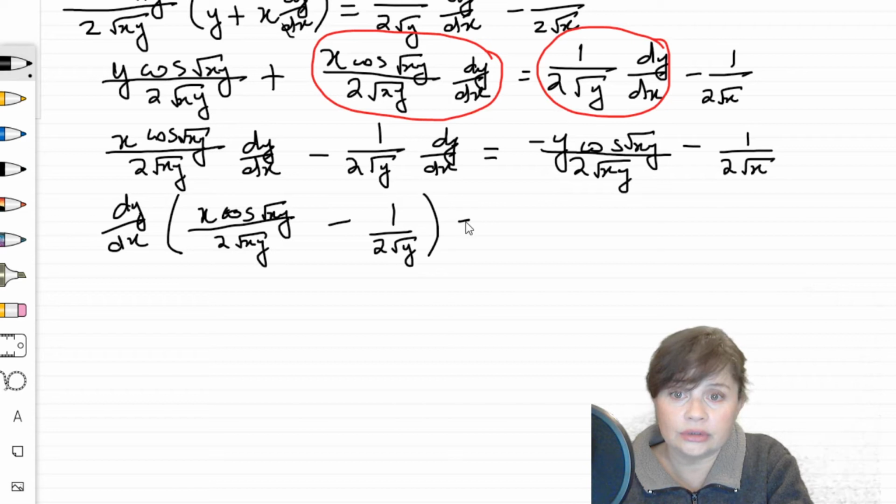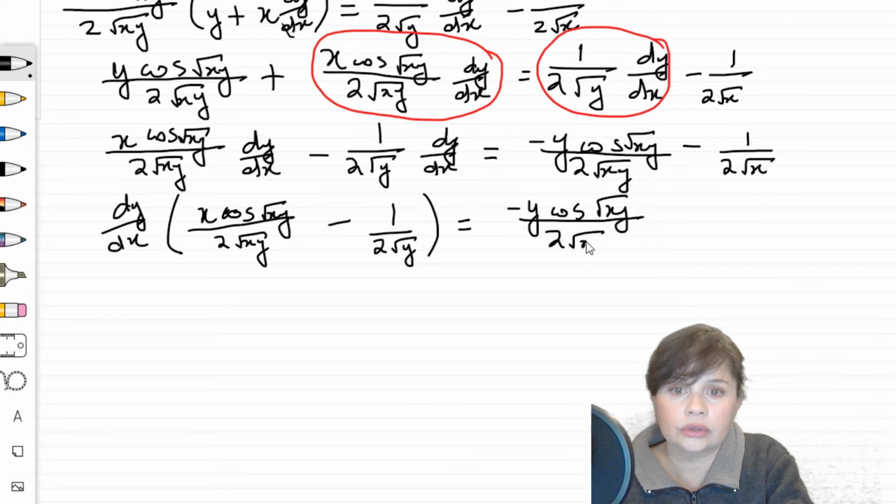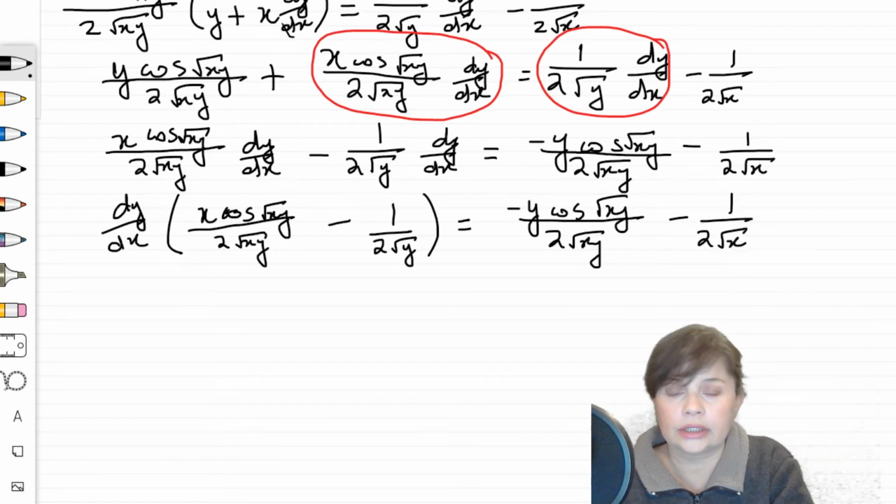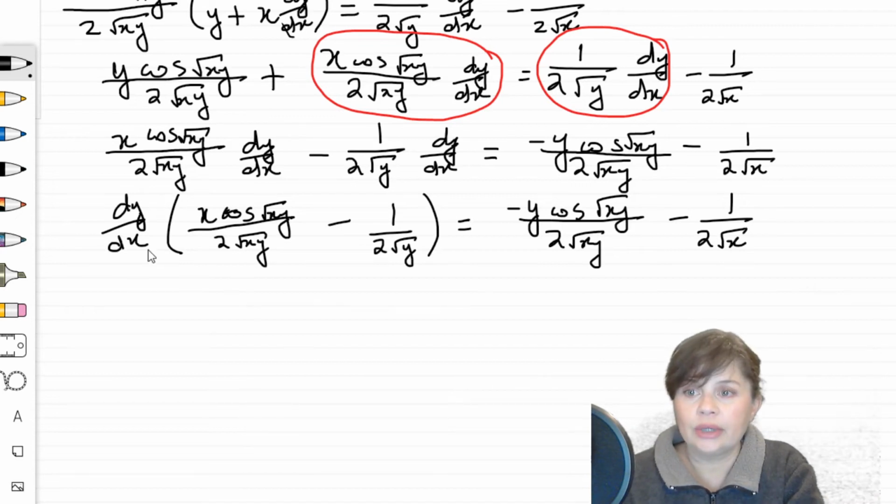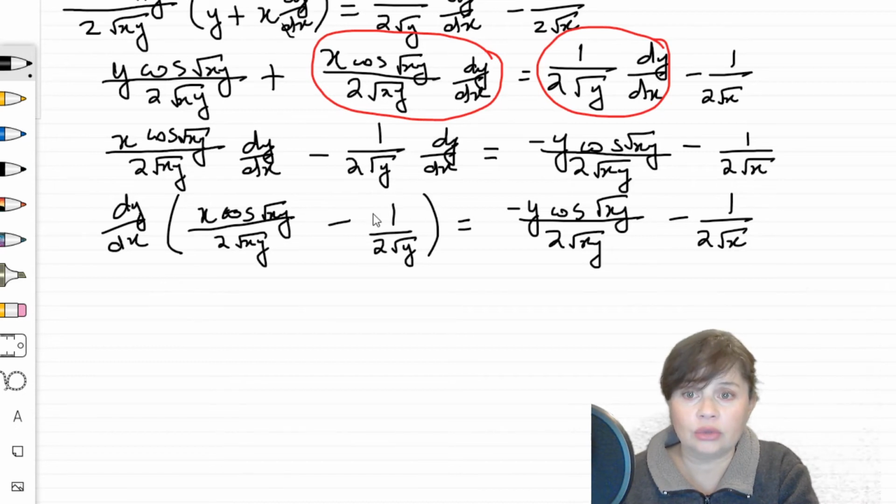So what you're going to do is minus y cos xy over 2 square root xy over 2 root x. Okay, so you want to have the dy dx by itself, so you want to divide through by this bracket over here.